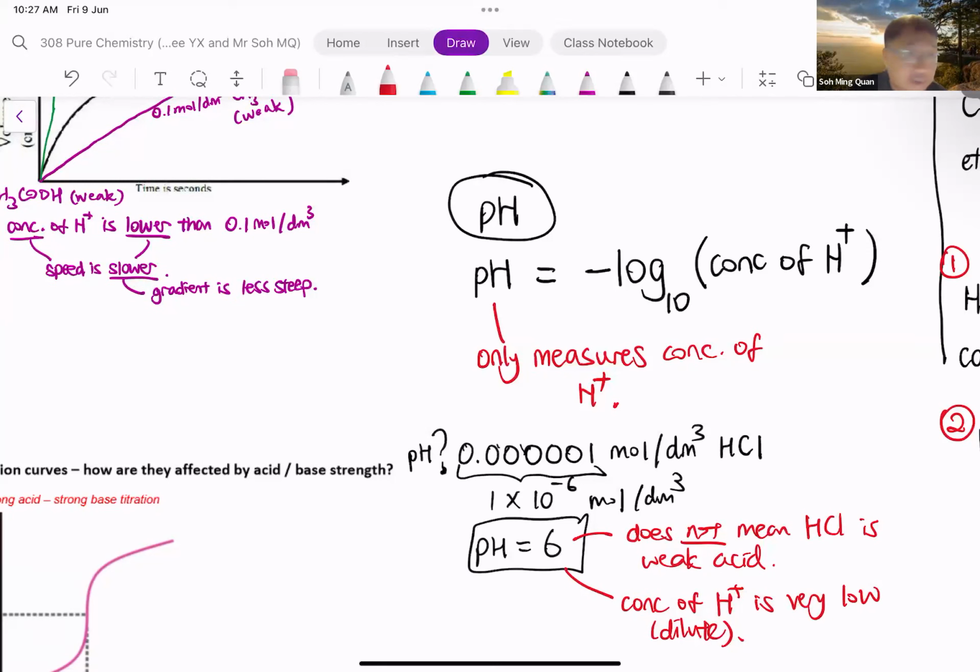So pH doesn't tell you whether something is a strong or weak acid. It's only a measure of concentration.